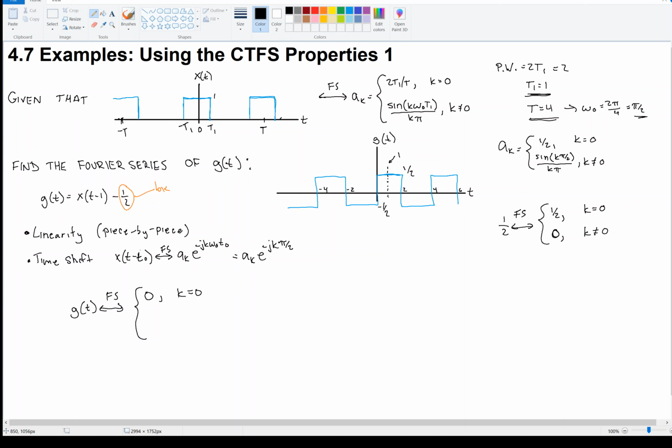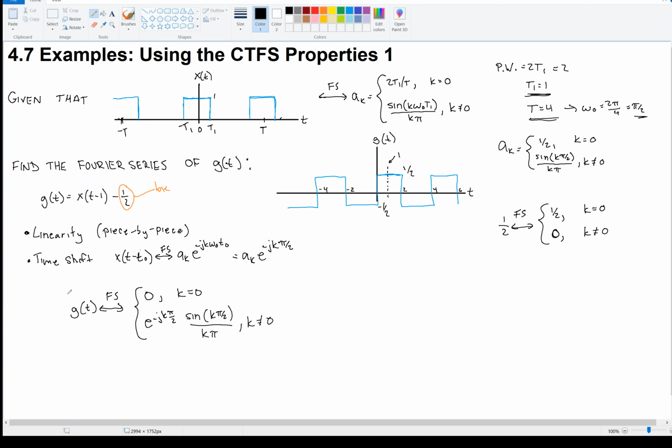And then for k not equal to 0, we would have this thing, ak, multiplied by e to the minus jk pi over 2, and then minus 0. So we would just write it like this: e to the minus jk pi over 2 sine of k pi over 2 over k pi for k not equal to 0.